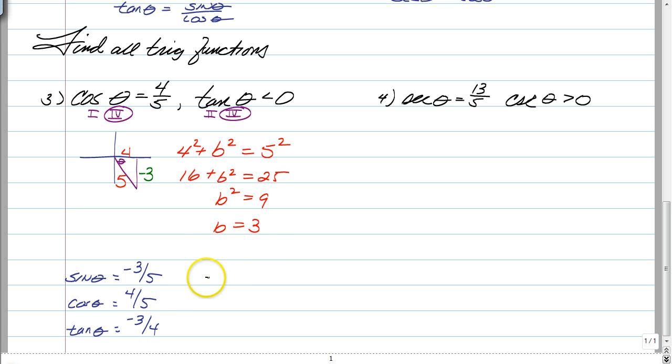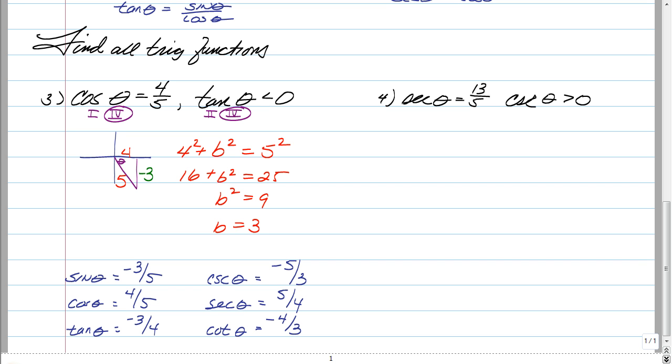So then we just have to find the other 3. So cosecant of theta, secant of theta, and cotangent of theta. And to get those, we just take the reciprocal of the original 3. So this is a negative 5/3, this is a 5/4, and this is a negative 4/3. And that's it. You just found all 6 trig functions when given 1 and a quadrant.